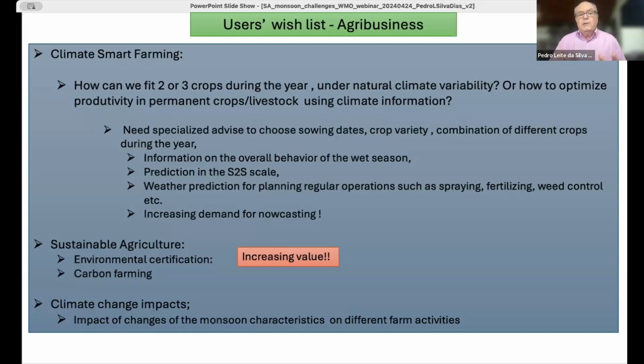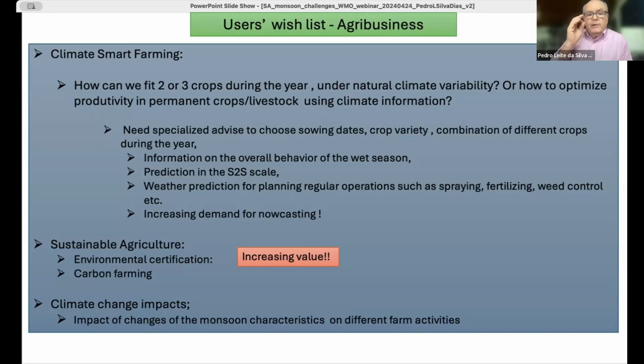So I have a pretty good idea of what kind of research they need and what they are supposed to offer to the users. One of the things in farming in the central part of South America is how can we have 2 or 3 crops during the year under natural climate variability, or how to optimize productivity in permanent crops, livestock, using climate information.